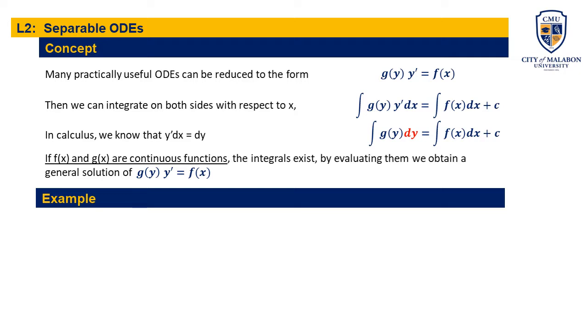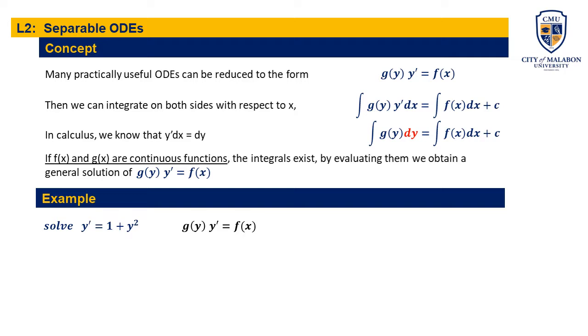Okay, so let us further explain by this example. So we are to solve y prime is equal to 1 plus y squared. So this is an ordinary differential equation, okay, which can be reduced to the form g of y times y prime is equal to f of x.